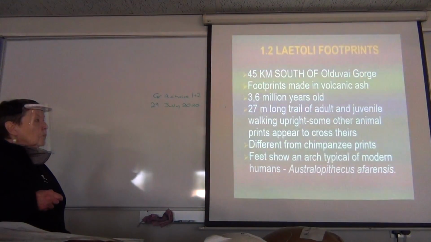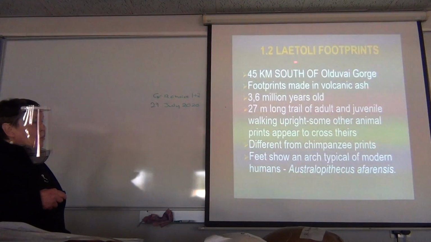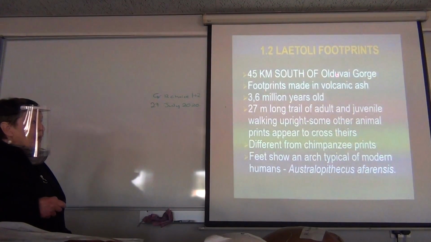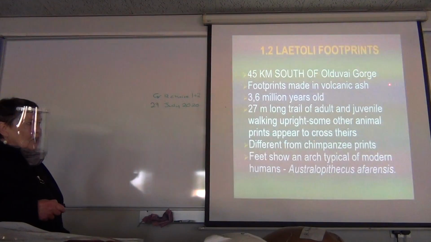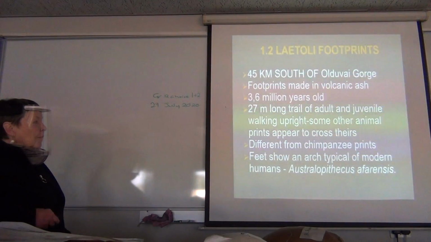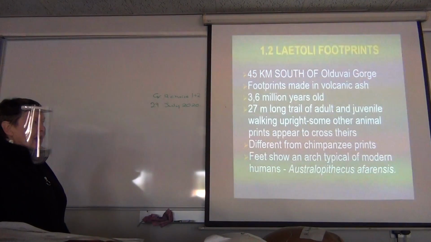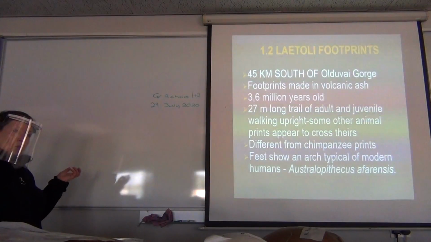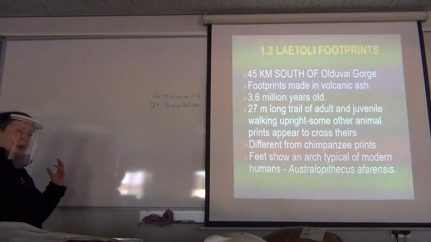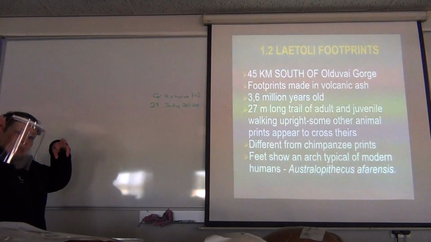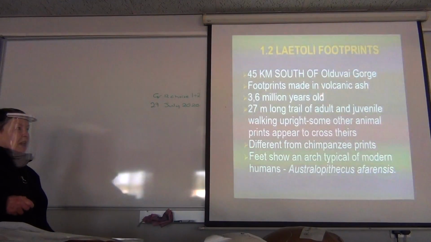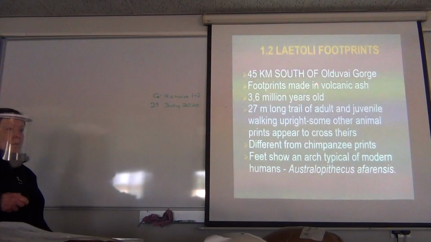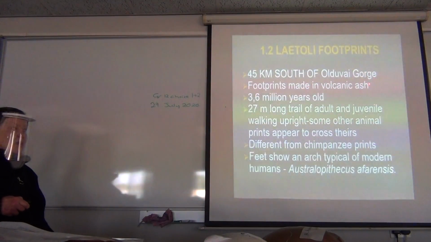Okay. So these particular footprints are found in volcanic ash. And I'm going to show you a video now. They're 45 kilometers south of a really famous gorge which had lots and lots of fossils, Olduvai Gorge. The footprints were made in volcanic ash, and you know, I hope, that when volcanoes erupt, there's always a lot of condensation of moisture from the air, and quite often volcanic ash ends up being almost like liquid cement.